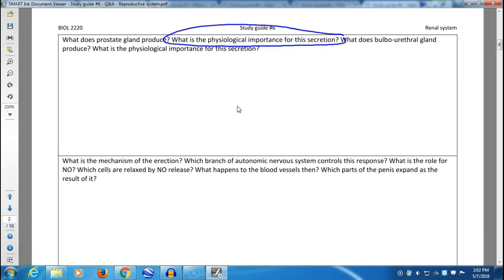Physiological importance for this secretion: it's an activation of sperm and prostate-specific antigen. The bulbourethral gland produces mucus that lubricates the glans penis and neutralizes traces of urine.